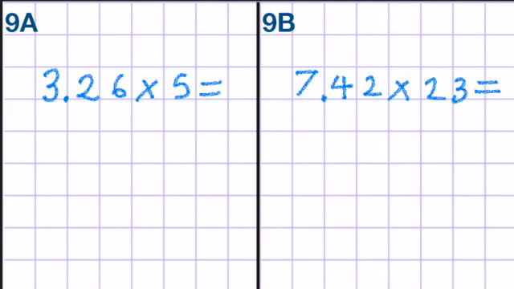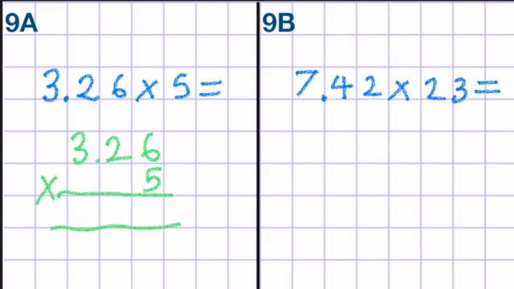Okay, we've now got decimals multiplied by a single digit or by 2 digits. Press pause, then we'll do it together. Okay, 3.26 times 5.